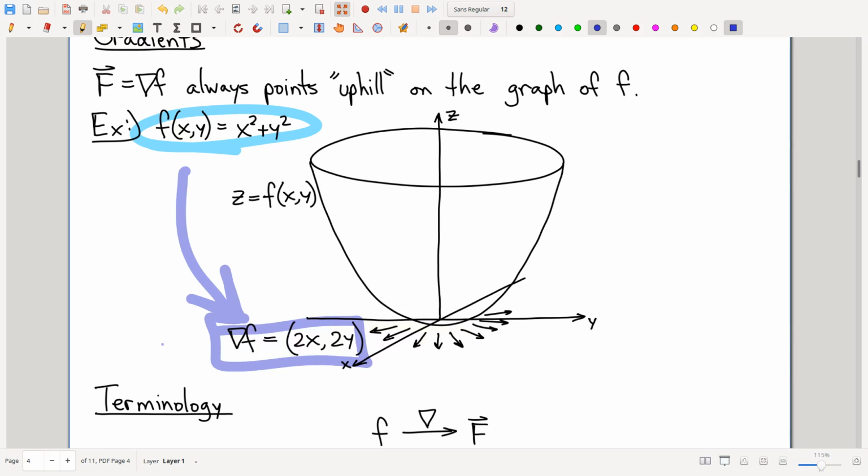At any given point x comma y, there is an associated vector. So, vector field. How about that? We didn't have any need to think of this as a vector field previously, but now that we're talking about vector fields, it's worth observing.